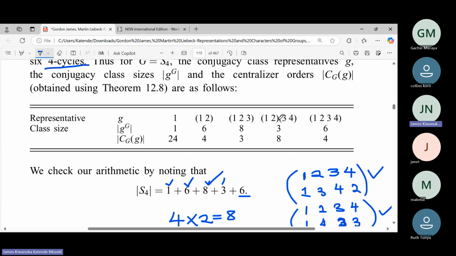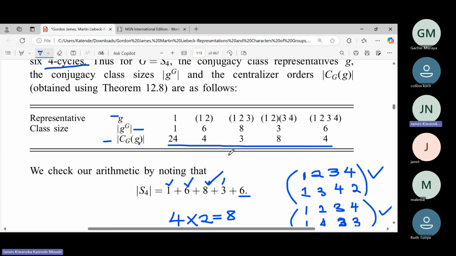So there's a table here that gives the element plus the number of elements in the conjugacy class and also the centralizer of G. There's the equation that we wrote back there that will help you compute all this. You're able to compute the index of the centralizer of G, the size of the conjugacy class of G, and the representatives for each conjugacy class are up here.